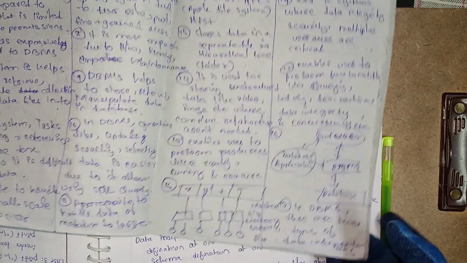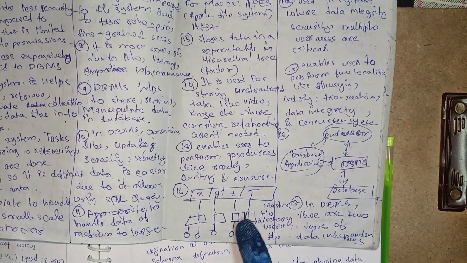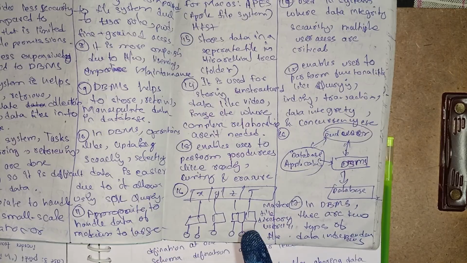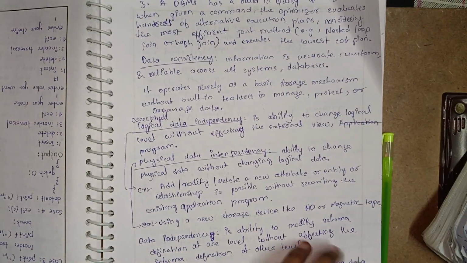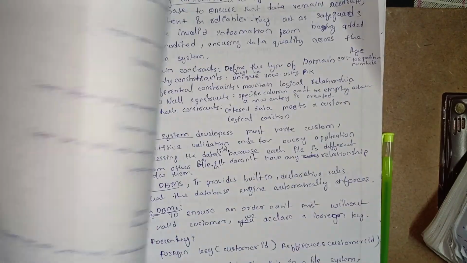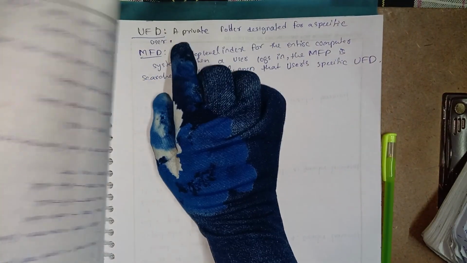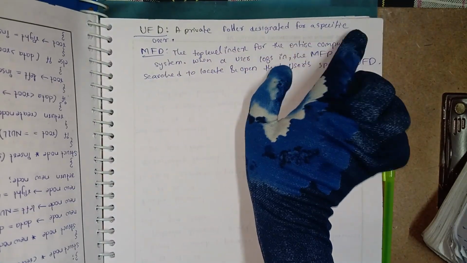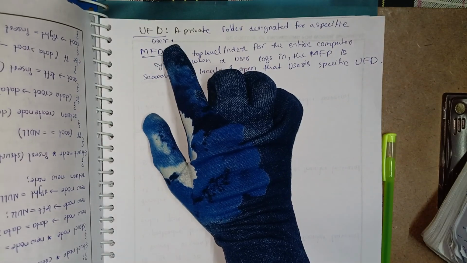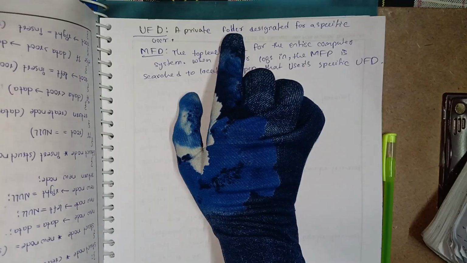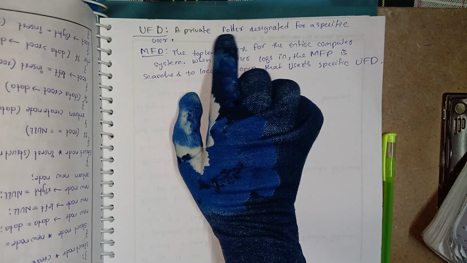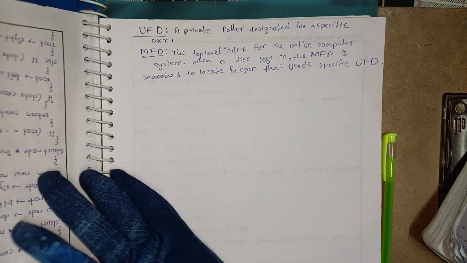So what are the master file directory and user file directory, UFD and MFD? The user file directory is a private folder designated for a specific user, which contains a collection of files.